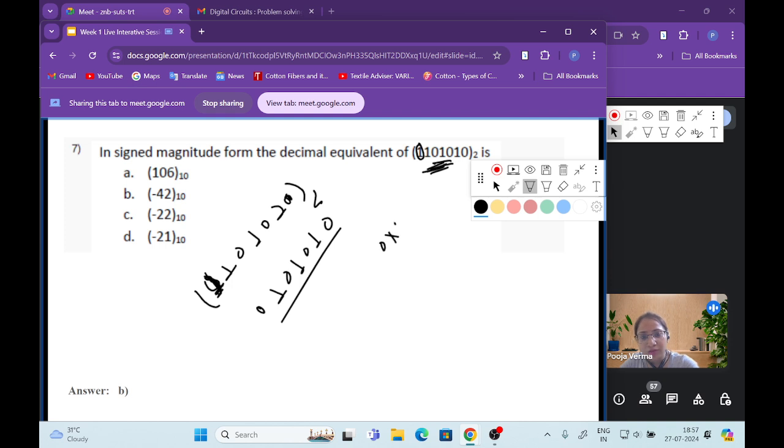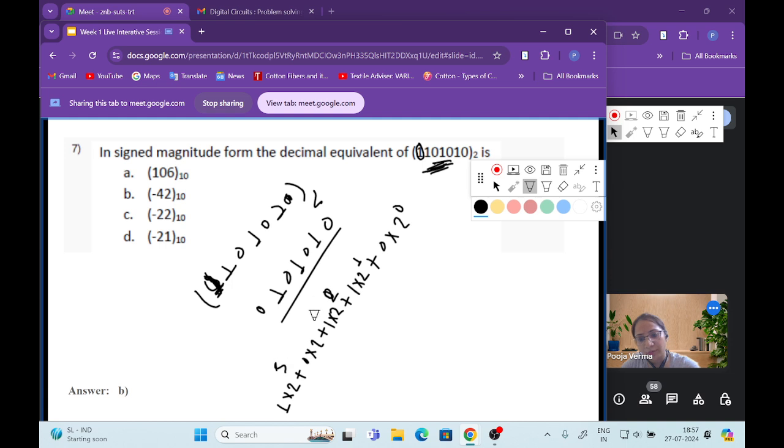So 0 into 2 to the power 0 plus 1 into 2 to the power 1 plus... let's do it from this side. 0 into 2 to the power 0, 1, 2, 3, 4, 5.